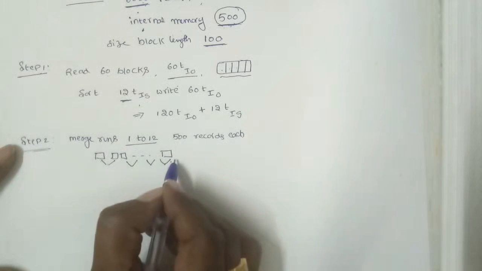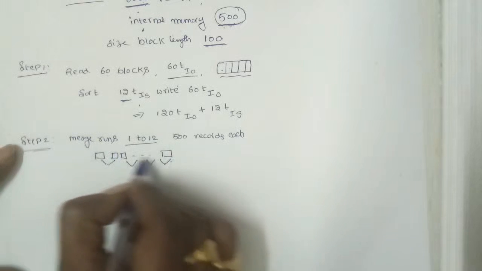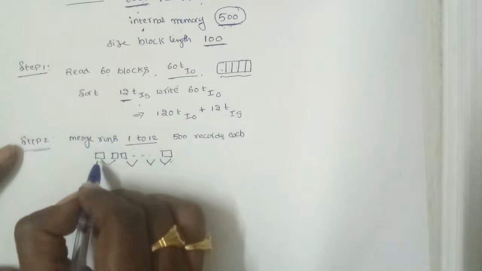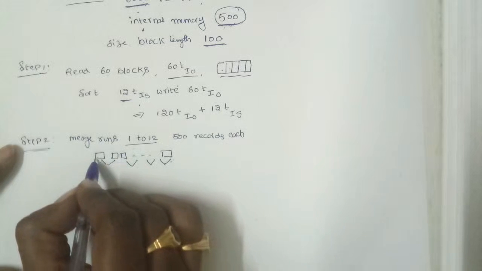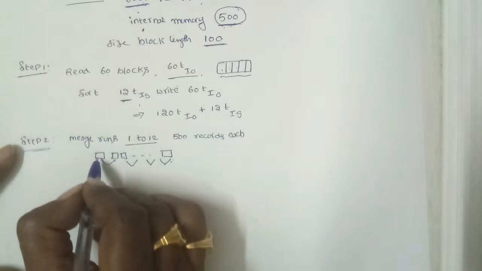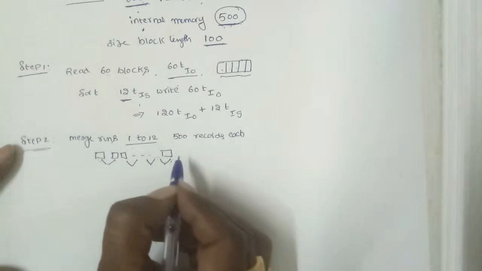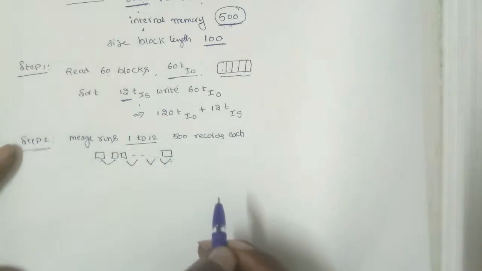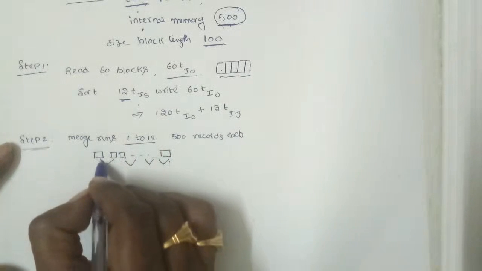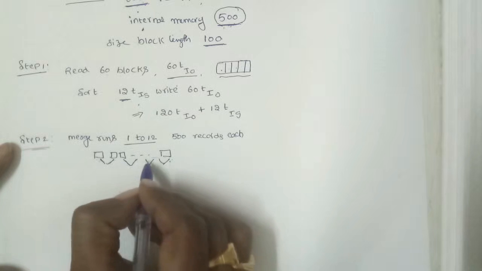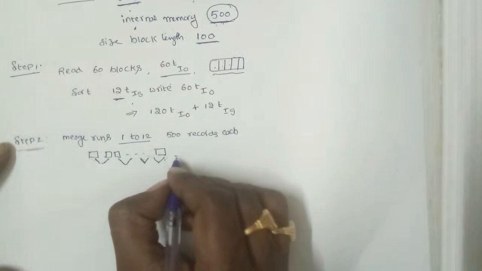To perform the merge operation, how many records are we merging? We are merging in either a two-way merge or three-way merge. In this step I am scanning, that is, I perform the merge operation for all the 6000 records. First I am reading this one, this one, this one, this one. So what is the total time?